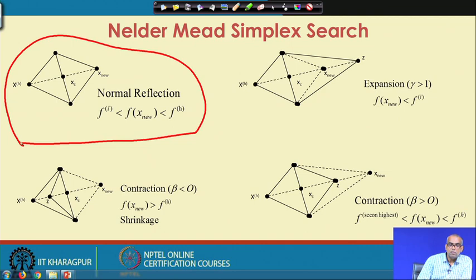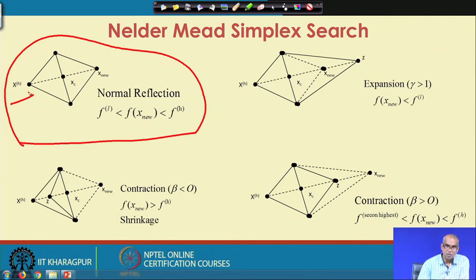This is the normal reflection that we have seen in case of simplex search that we have discussed in previous lecture. Consider the point x h as the highest point, the point where the function value is highest.